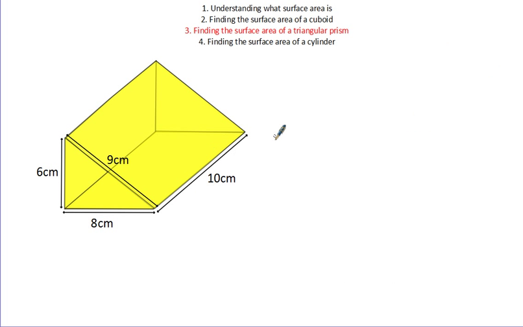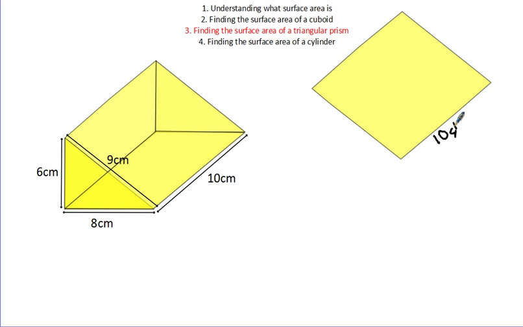Now, if we're looking at a triangular prism, it's exactly the same concept, looking at each face, except you have to be a bit more careful because you can't double any of the rectangular lengths. If we look at these separately, the sloping face has lengths of 10 centimetres and 9 centimetres.